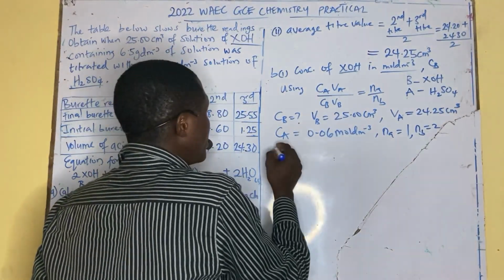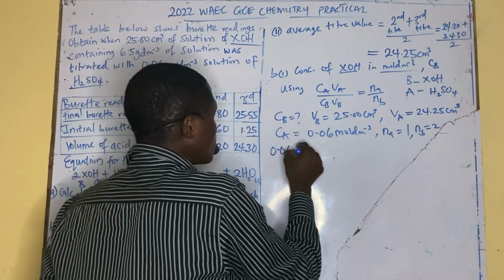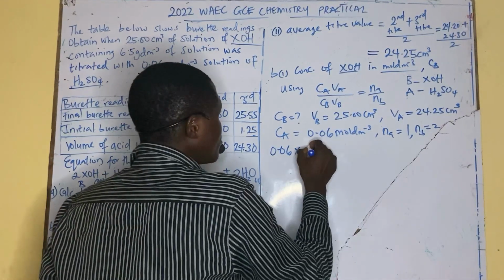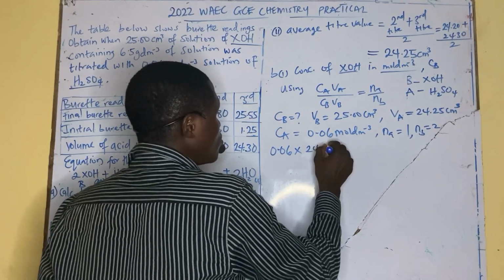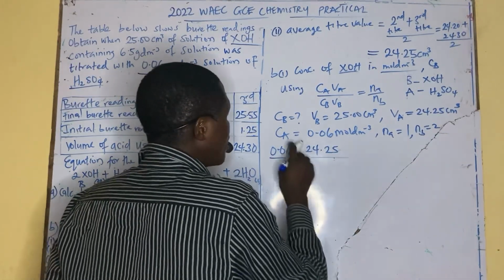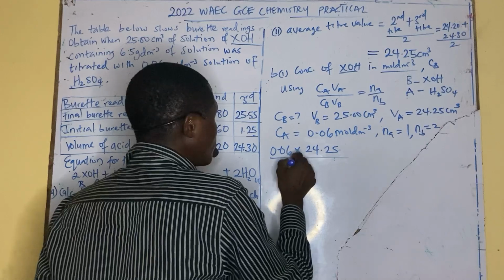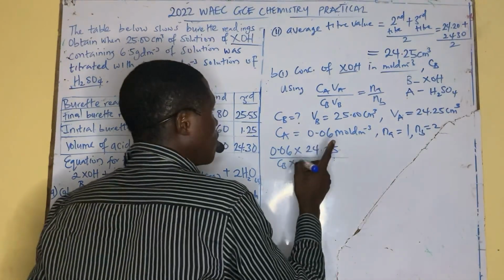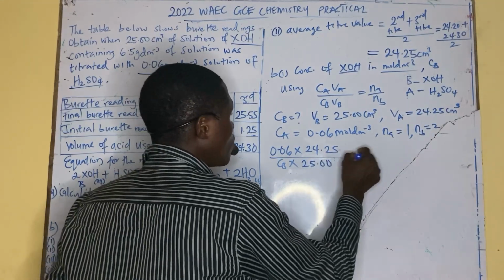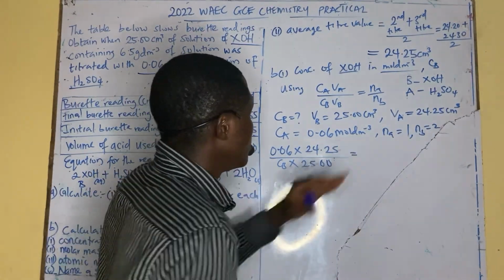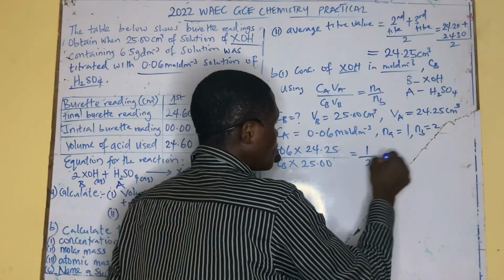So your CA is 0.06 multiplied by your VA, which is 24.25, all over CB, which is what we are looking for, multiplied by your VB, which is 25.00, equal to NA over NB, which is 1 all over 2.